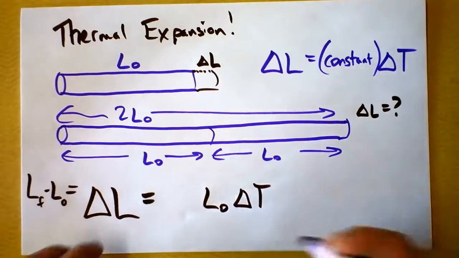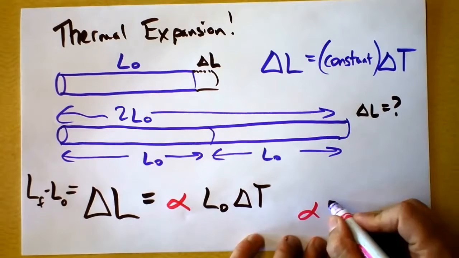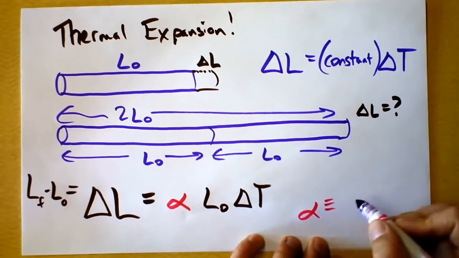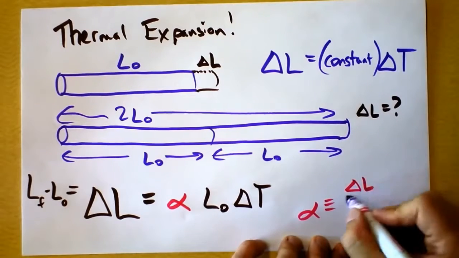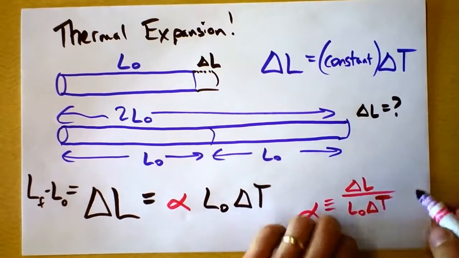Let's get some pink going on here. I'll call it alpha, and alpha is called the coefficient of linear expansion. We could just define alpha to be delta L over L0 times delta T, and look at the units of it.